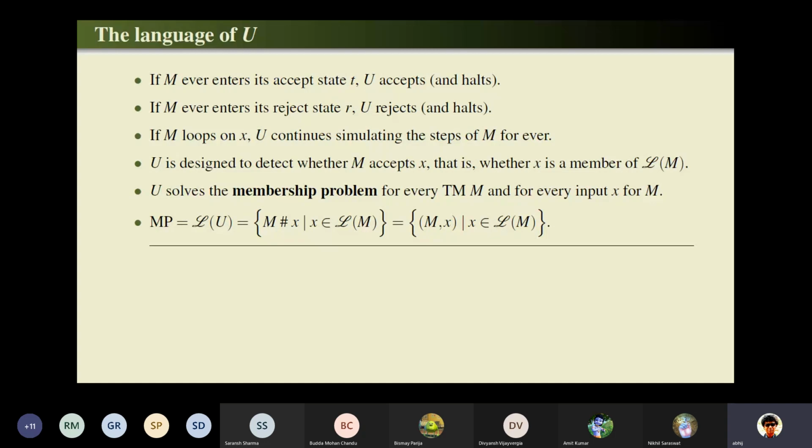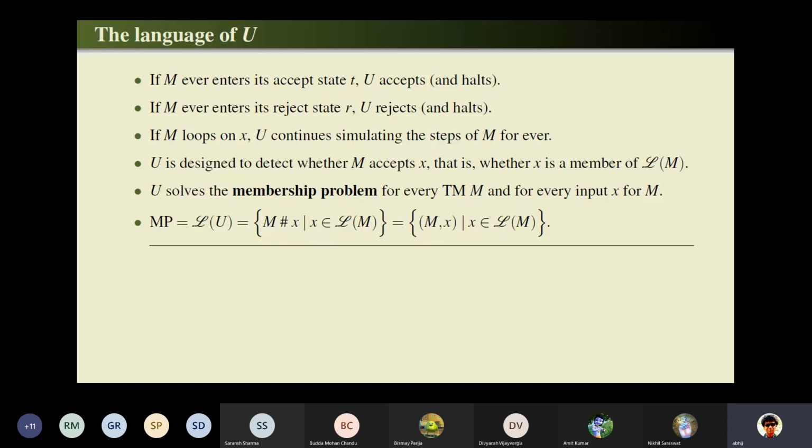But this abbreviation derives from the membership problem, MP. So what does it accept? A set of all encodings of M followed by all encodings of X, such that M accepts X. So M hash X such that X is in the language of M.